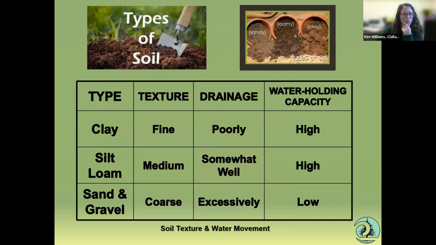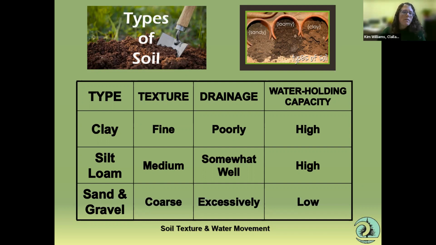So you want to go around your yard if you're going to do it this way. Just dig little spots, and there are 3 main types of soil that we're looking at. We're looking at clay soil, silty loam soil, and sand and gravel soil. Now there are combinations of everything in between, but these are the 3 main types.